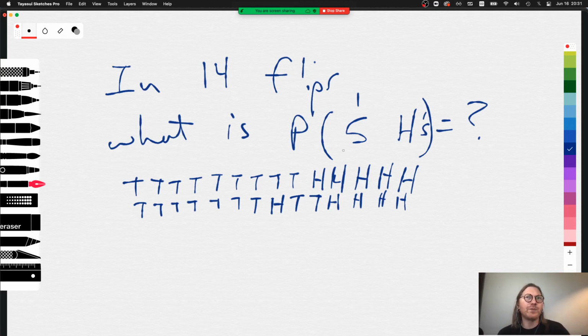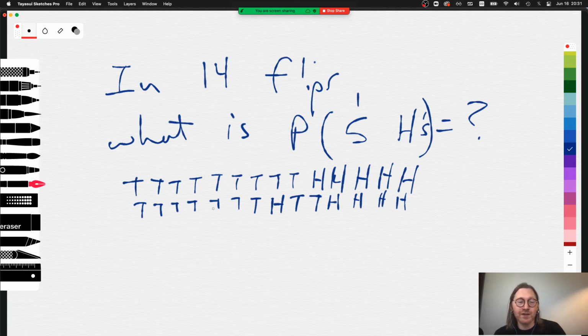If we want to be able to answer this question, the probability of 5 heads in 14 flips, we would need to create an exhaustive set of outcomes where there are exactly 5 heads in 14 flips. That's going to be a bunch of different arrangements of heads over 14 instances, and we don't know what all those are.